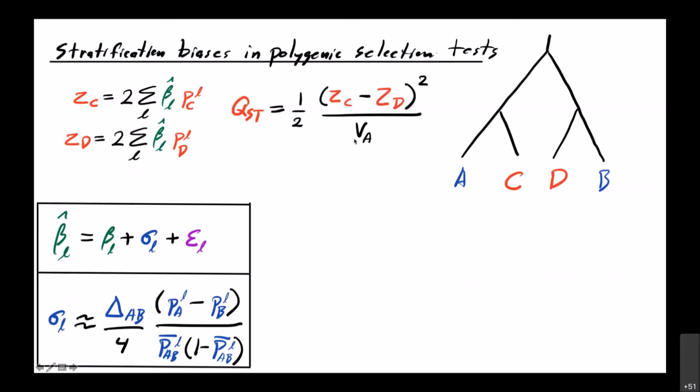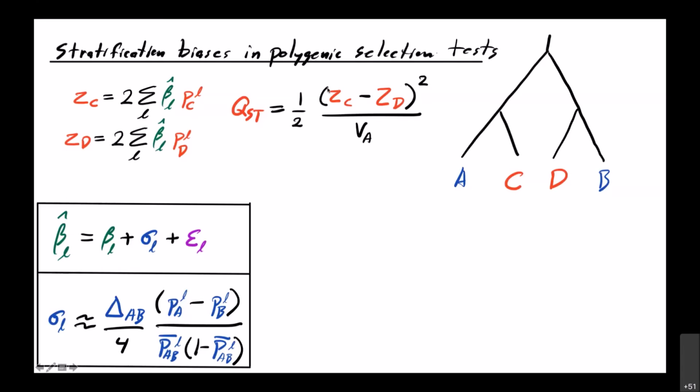And then if we think about doing a polygenic adaptation test, we might compute something like QST for these polygenic scores. So if anybody's not familiar, QST is just like a phenotypic analog of FST. It tells you about how much of the variation in a trait is among populations relative to the amount that is within populations, in just the same way that FST does this for an individual marker, right?